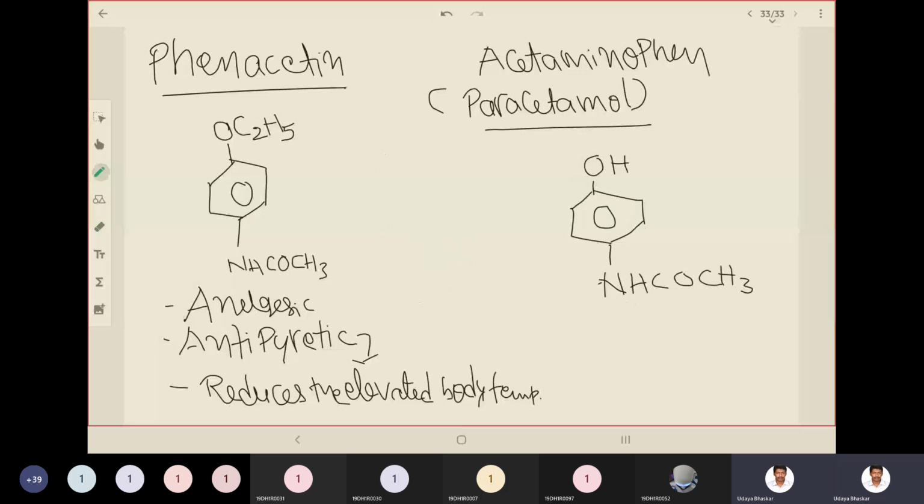And lastly, we need to see two more structures belonging to pyrazolidinediones. What are they?